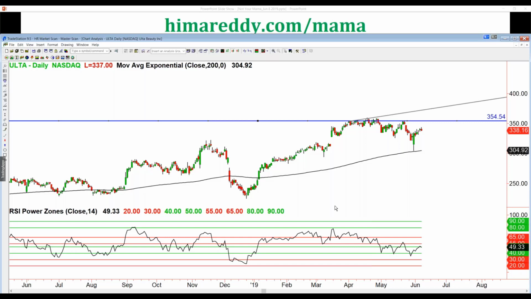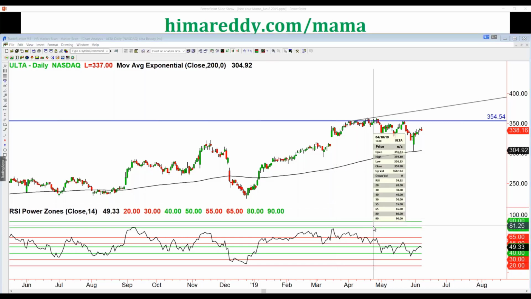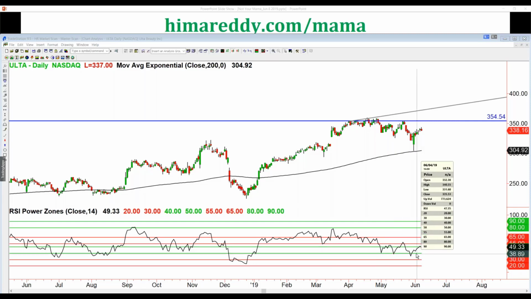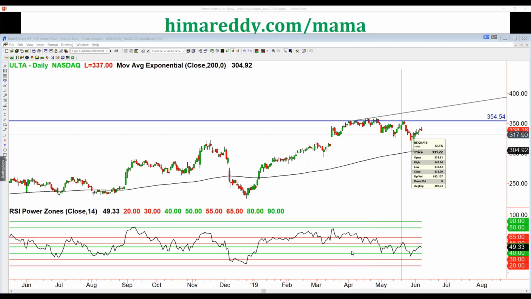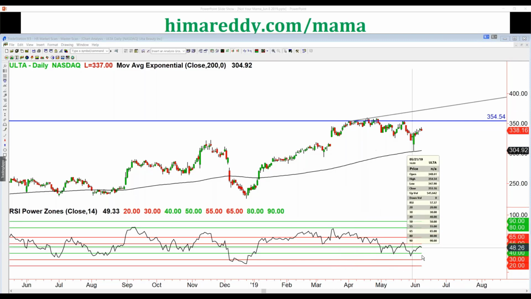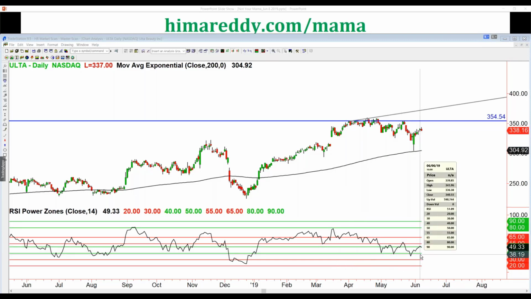See, RSI came up to the bull resistance power zone, very close, and started petering out. And all price did was come back to the bull support power zone. So all this mess in price coincided with RSI going from overbought to oversold relative to the bull support and bull resistance zones, okay?